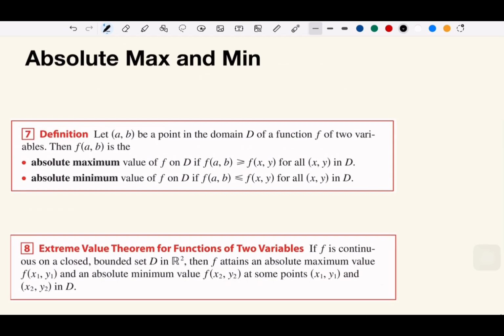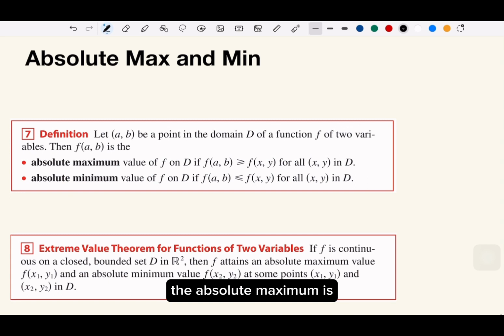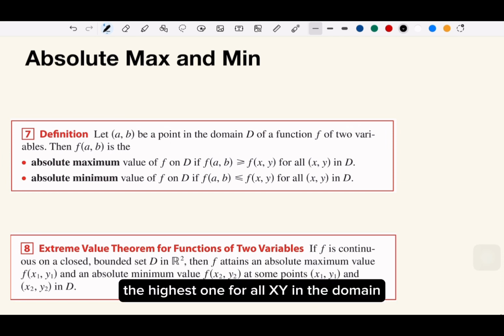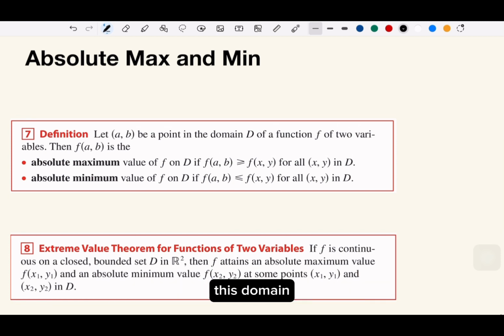So basically, for the absolute maximum we are setting the whole domain in three-dimensional space. If we say the point is the highest one for all x, y in the domain, then we say it's the absolute maximum. In the previous sections, we only looked at the nearby area, which gives you the local. But the absolute is for the whole domain.